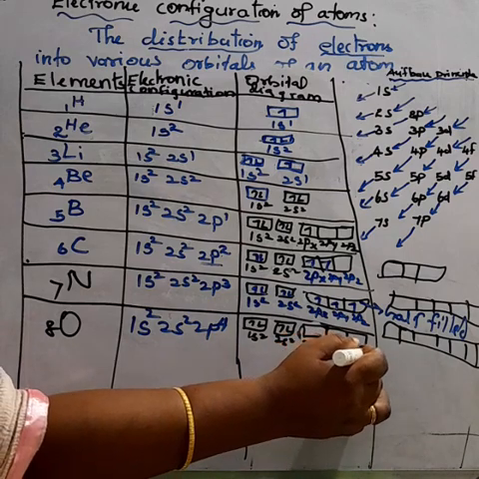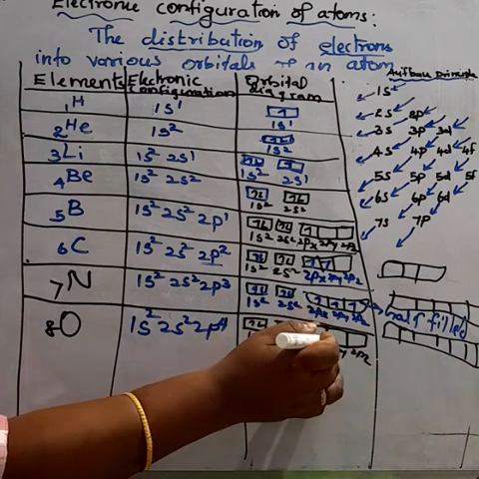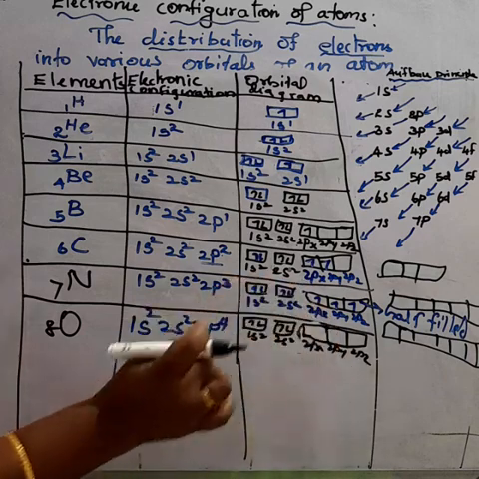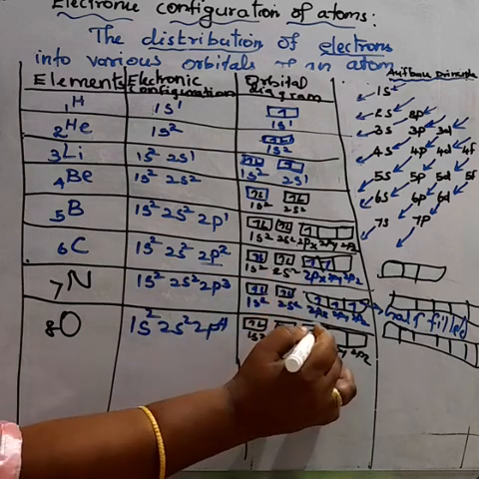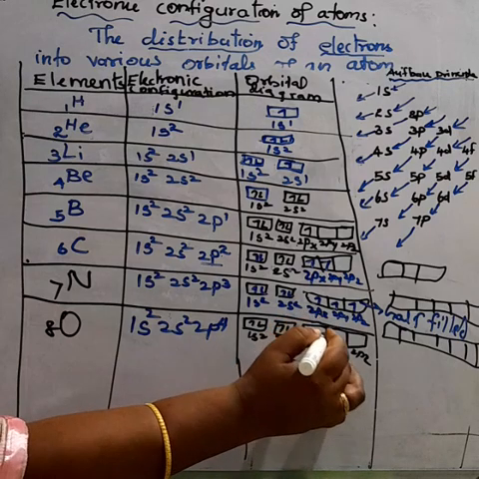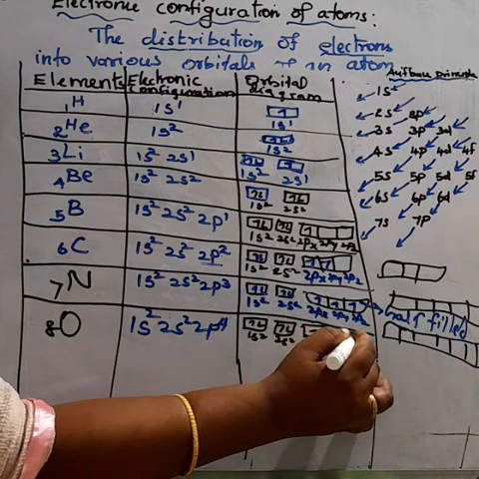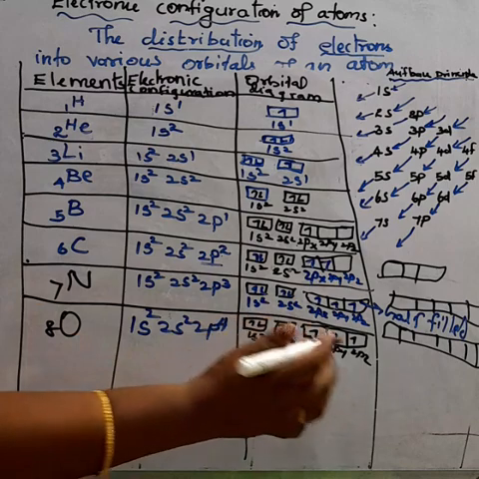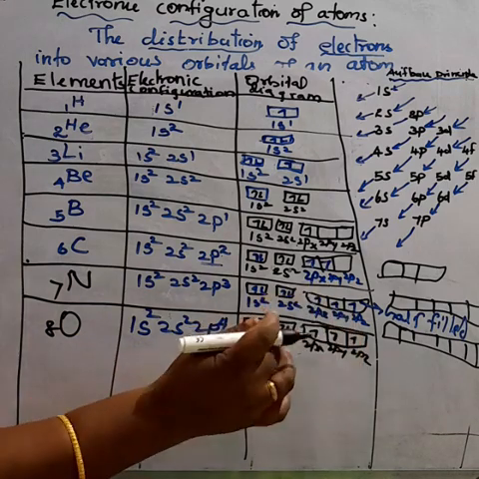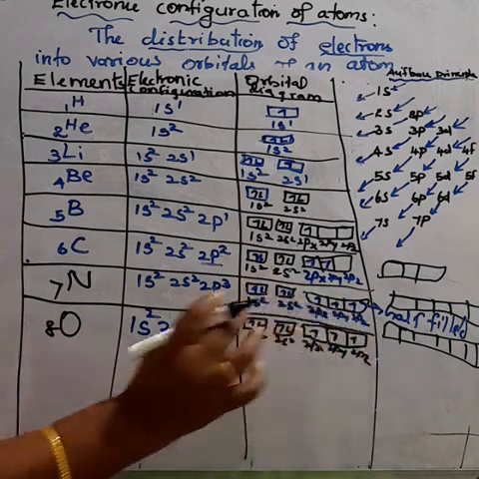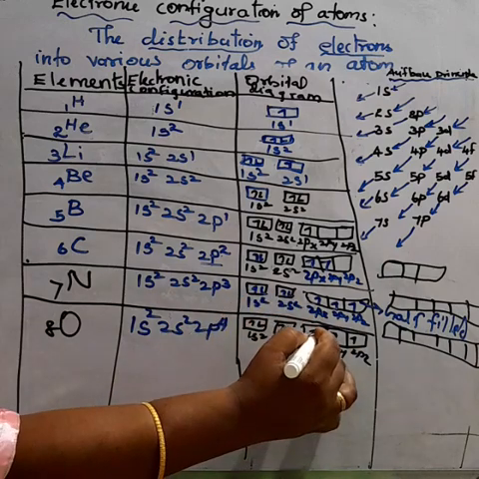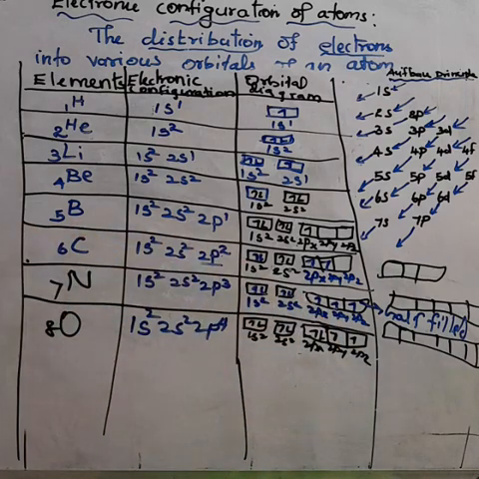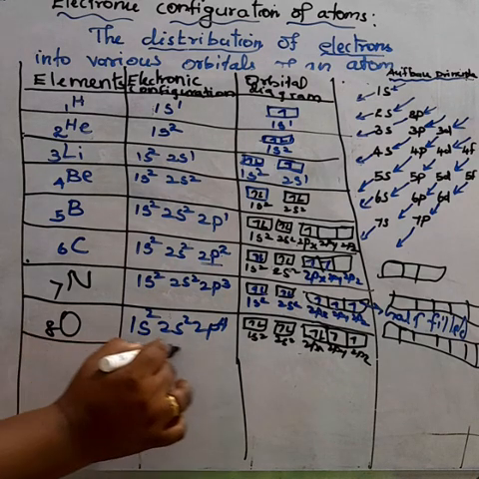How many electrons are there in the p orbital? Totally 4 electrons. How will you fill the 4 electrons? According to Hund's rule, first we should fill the 3 orbitals, each orbital singly occupied first. After that, the remaining 1 electron we can accommodate in the px orbital. Understood?